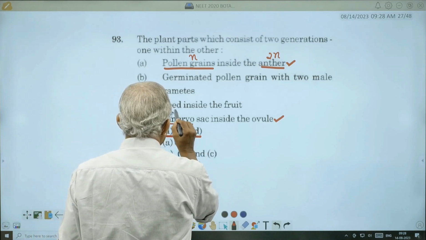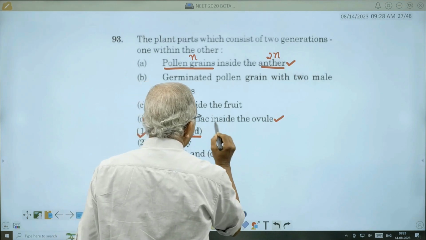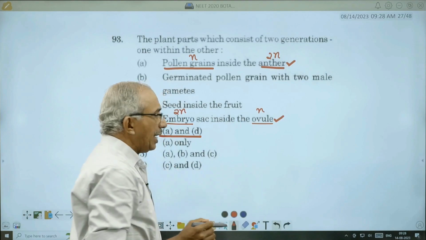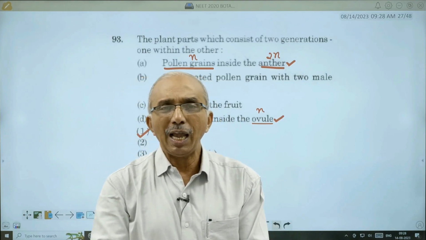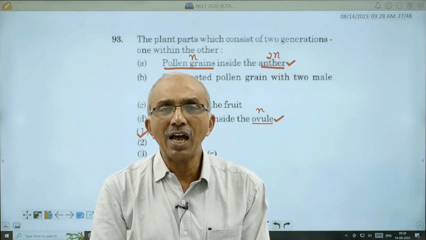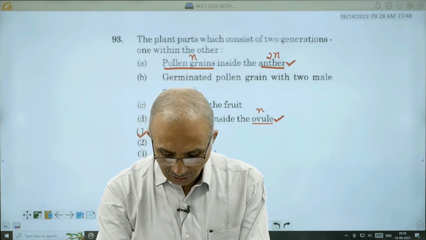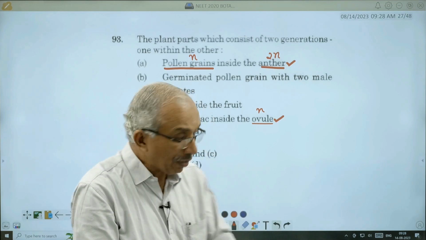Embryo is diploid. In angiosperms, the embryo develops within the embryo sac.